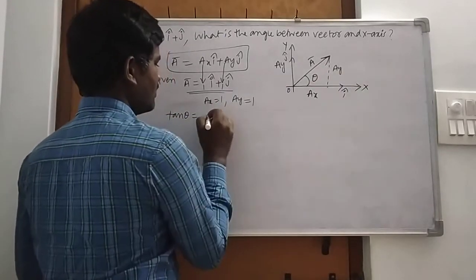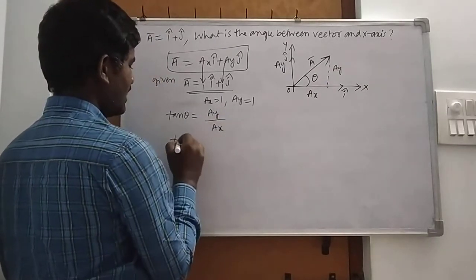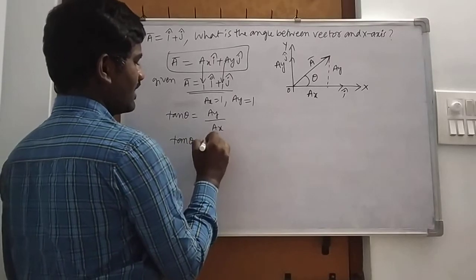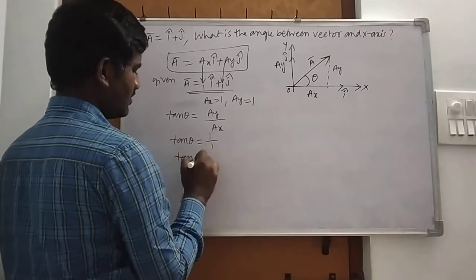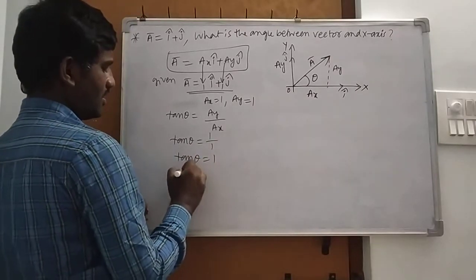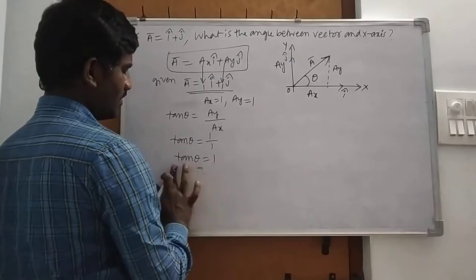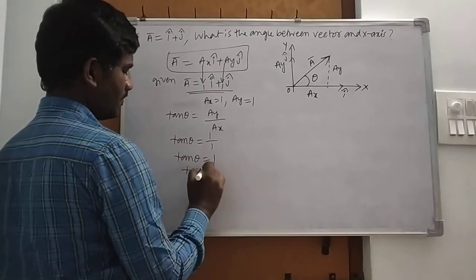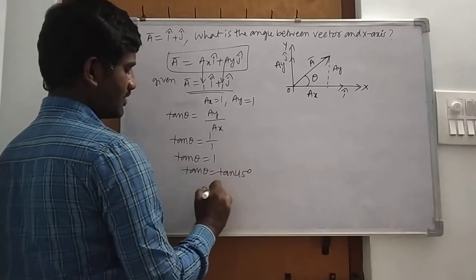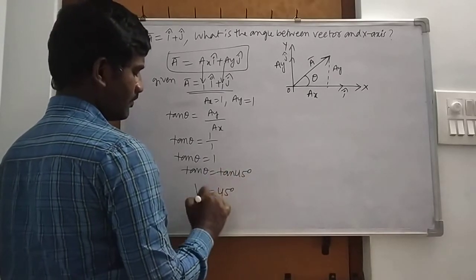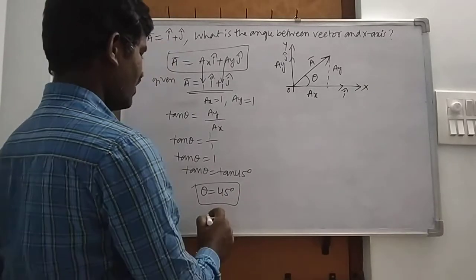Opposite is Ay and base is Ax. So tan theta is 1 by 1, which is 1. Tan theta is equal to tan 45. Theta is tan inverse of tan 45. Tan gets cancelled, theta is equal to 45.